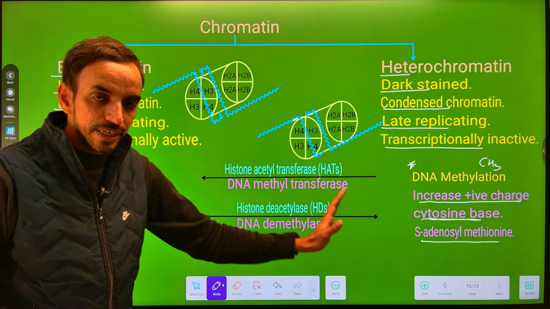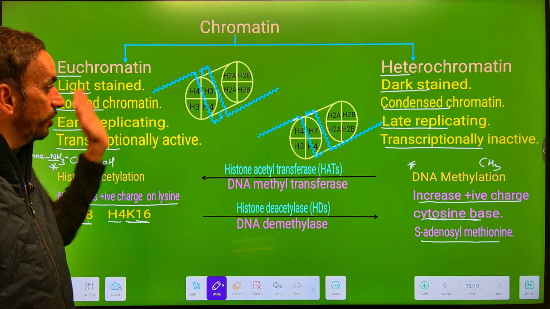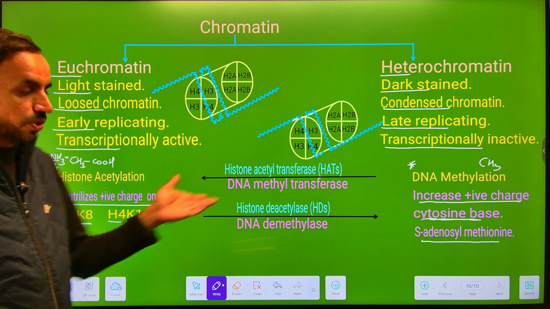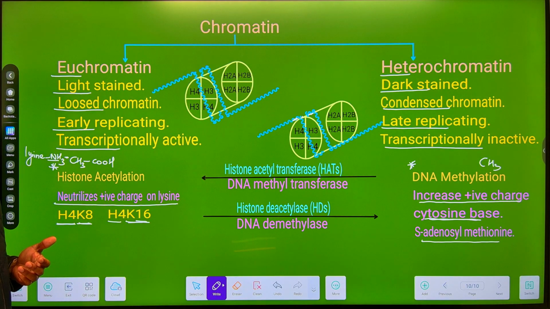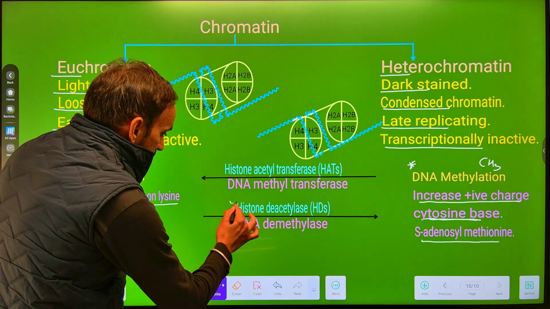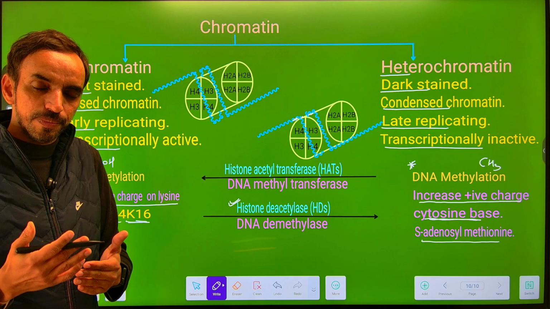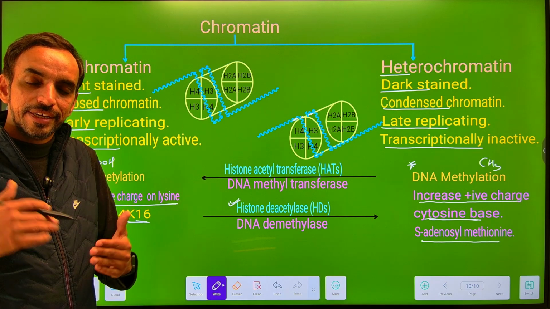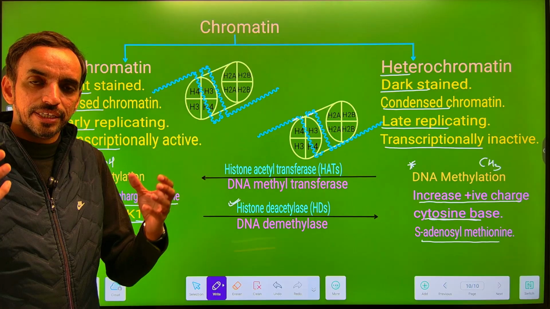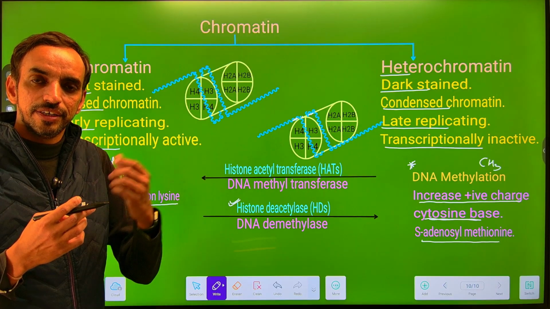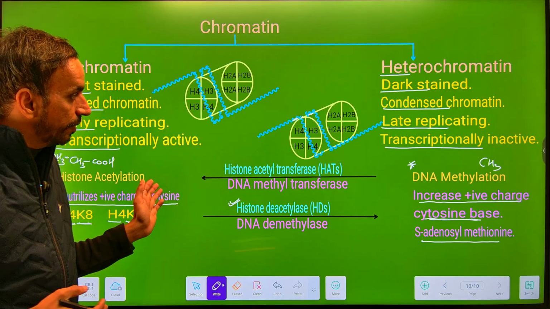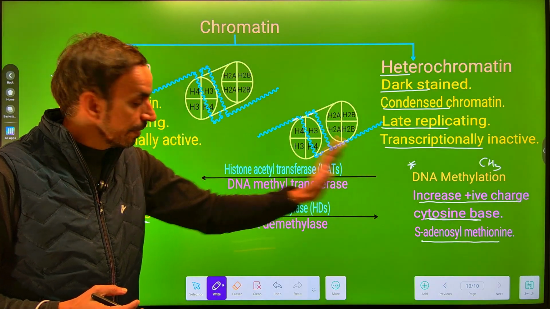अगर vice versa करना है, meaning if you want to convert a euchromatin into the heterochromatin, तो क्या करना पड़ेगा? हिस्टोन पे से एसिटाइल ग्रुप को हटाना पड़ेगा। So for this we have the enzyme known as histone deacetylase that removes the acetyl group from the histone, that increases the positive charge, and there is a tight interaction between the DNA and the histone and it will convert into the heterochromatic form.